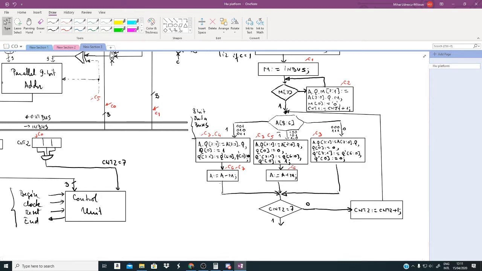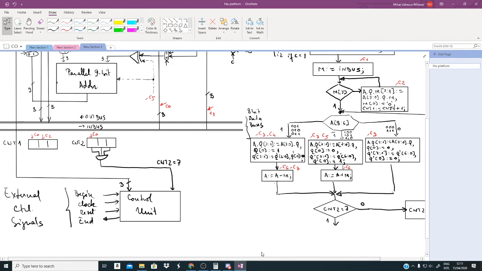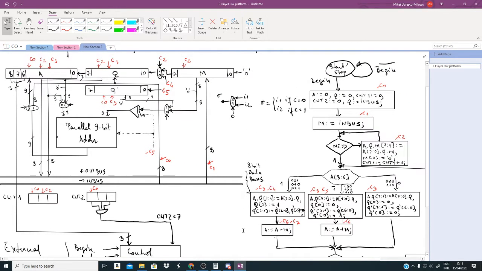That's right. So C6 is just here, because we need to validate the loading of either A or Q with what exits from the parallel adder. And C7 then is this guy.